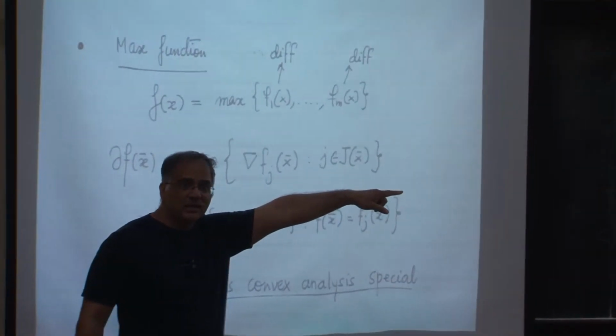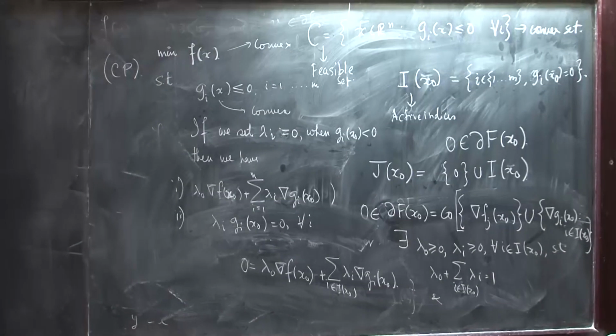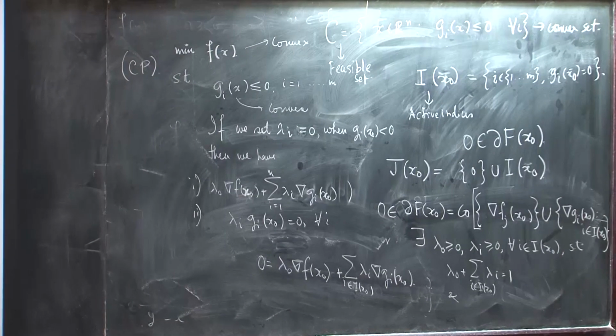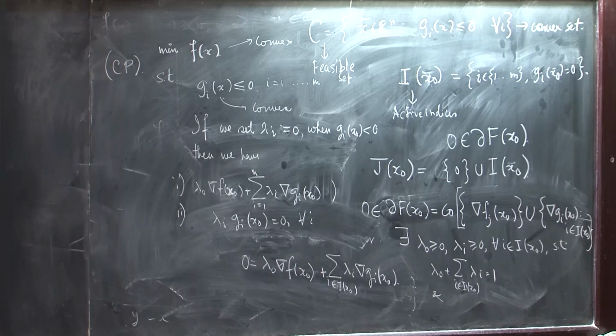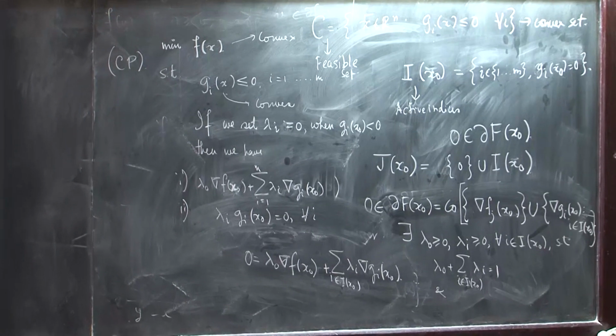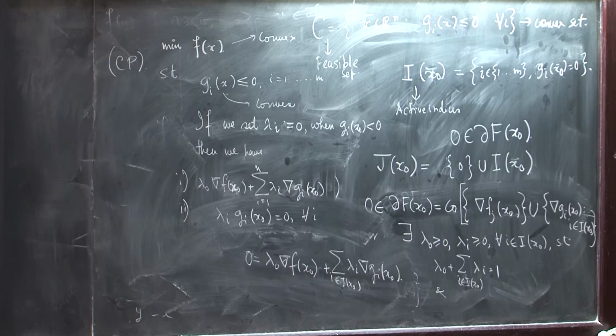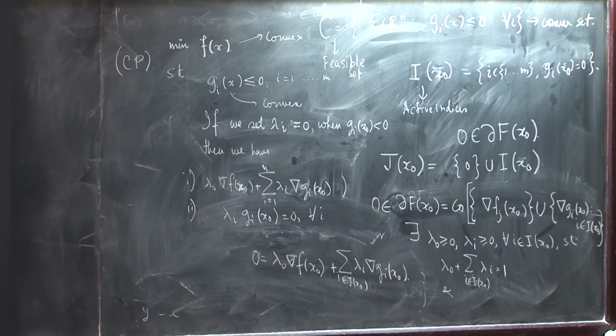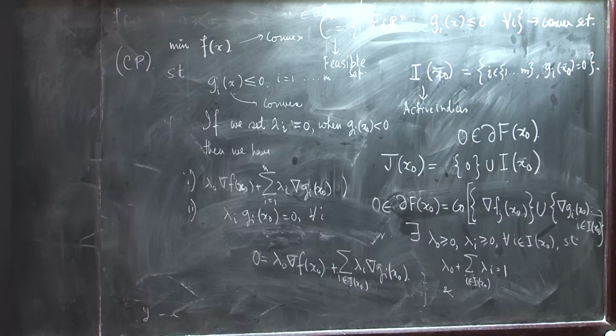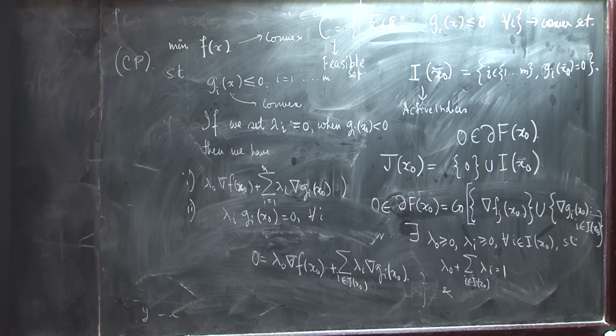So, multipliers arise out of a geometric construction. Here, multipliers are linked with the geometry of a convex set. That is the beauty of mathematics. Usually economists would talk about multipliers in terms of shadow prices, but here we can talk about multipliers in terms of the geometry of a set.